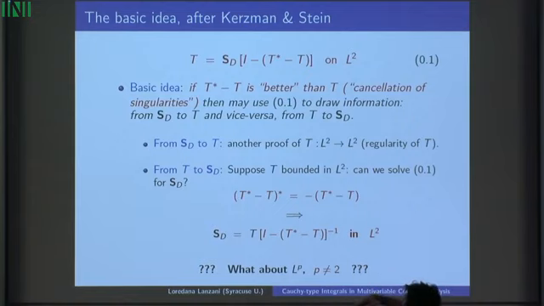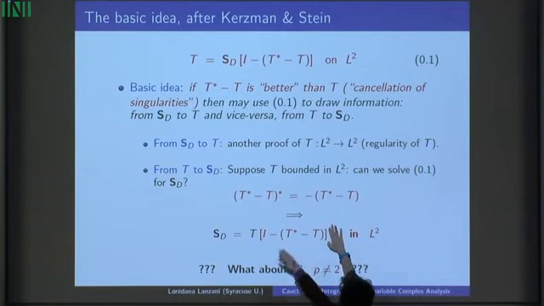And there are general arguments that allow you to say that if you know that T is bounded, then this operator is invertible in L2. And so you have now an equation, an operator identity in L2, which expresses the orthogonal projection purely in terms of the non-orthogonal one.